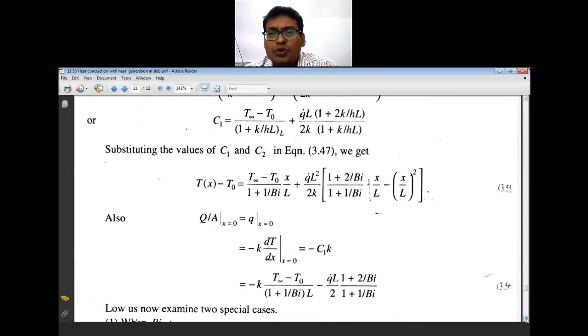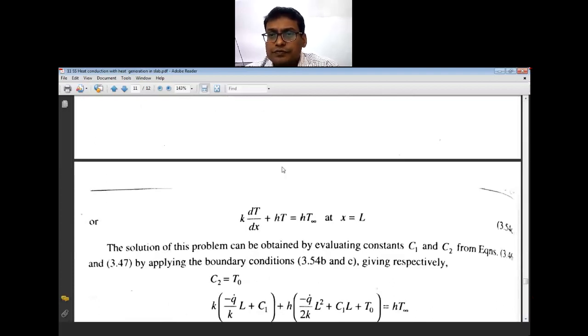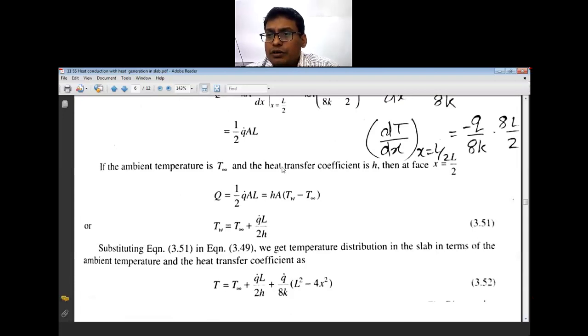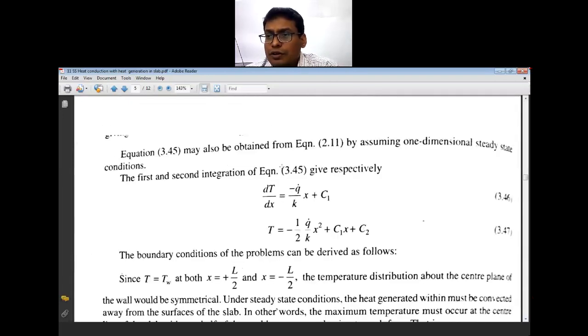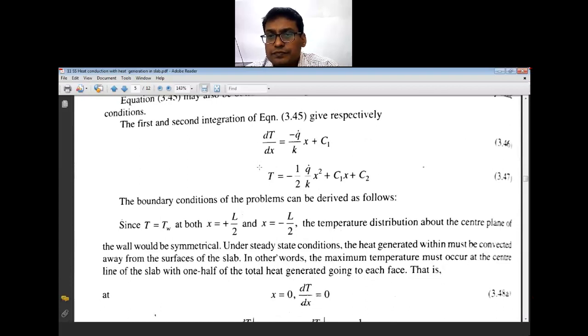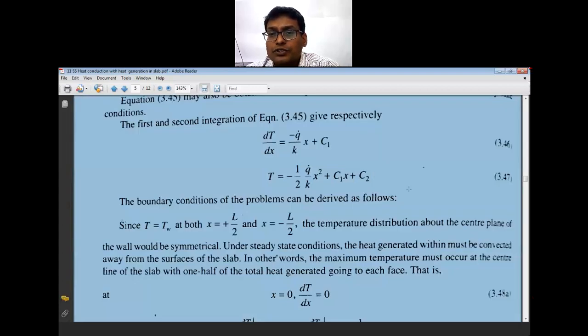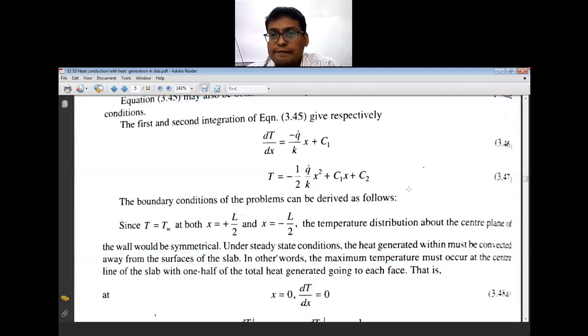So substituting the values of C1 and C2 in the above equation, this equation is of importance.